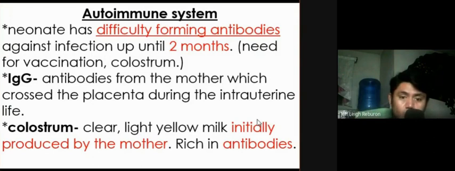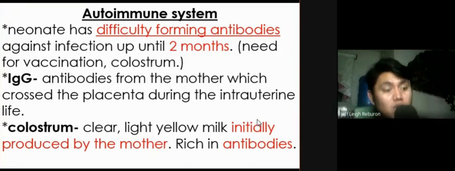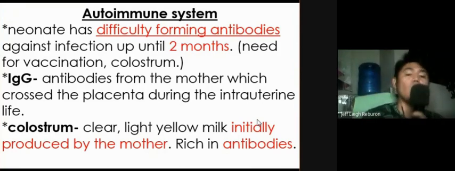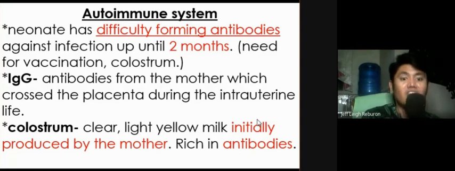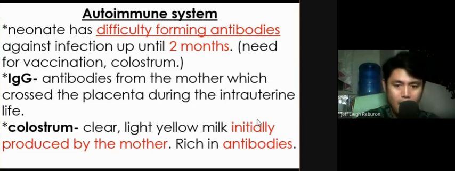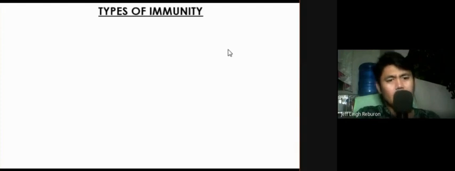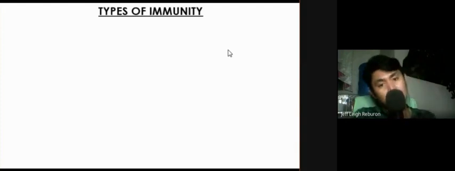Because of the immunoglobulin that crossed the placenta and because of the colostrum that was produced by your mother, which are both rich in antibodies. So dapat nagte-thank you kayo sa inyong mga magulang dahil without them, you couldn't have survived the infection that may have occurred on the first 2 months of life. Nagkakaintindihan po ba?